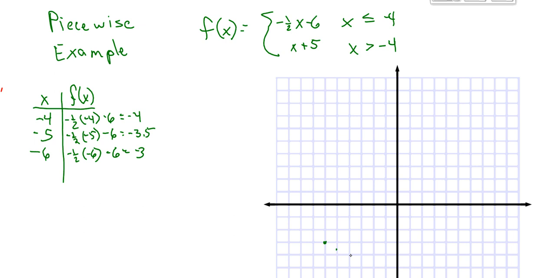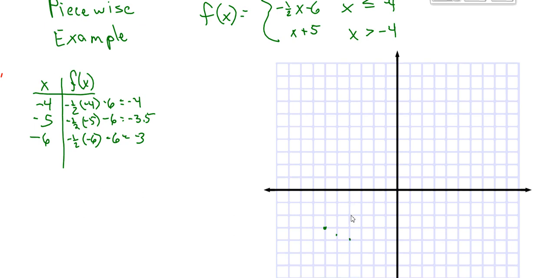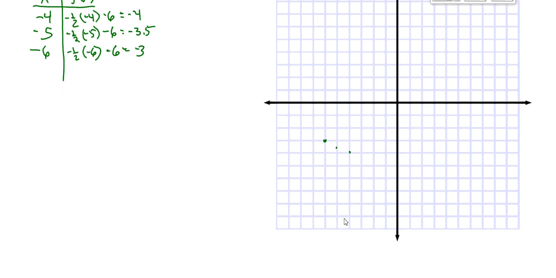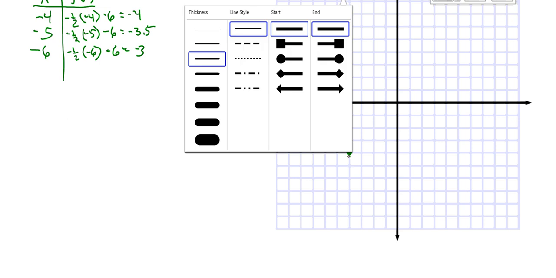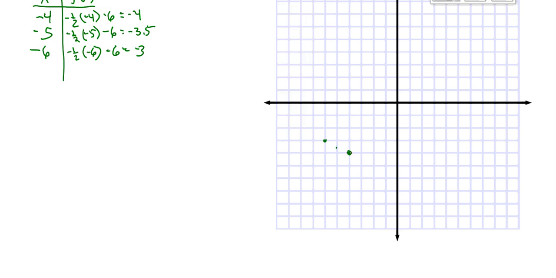So it's right there. And so that negative 4 is a boundary point. So I'm going to darken it in a little bit because it's an end point, so to speak. And then the graph goes, let's see, from there. It goes through there and out that way.